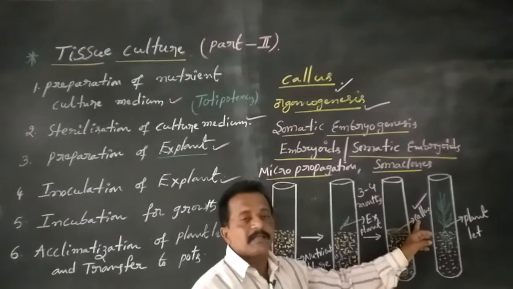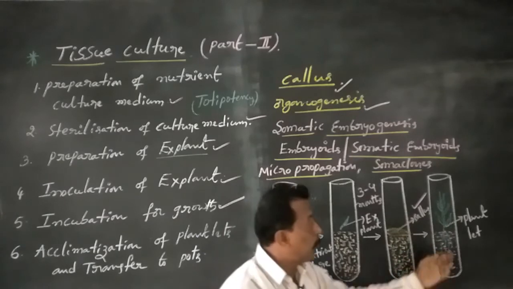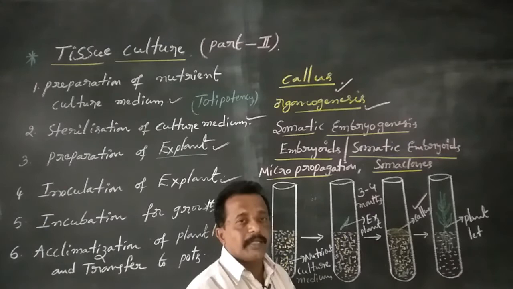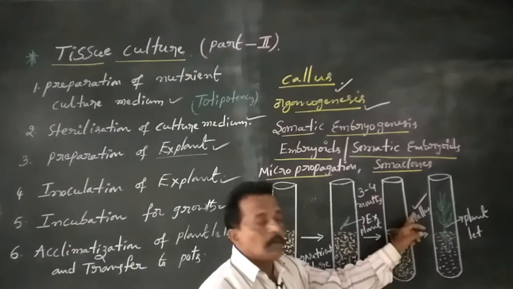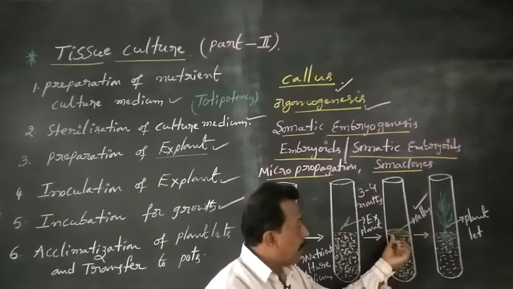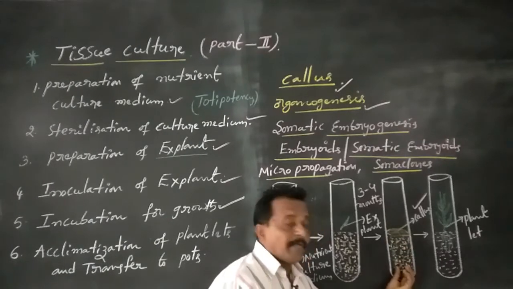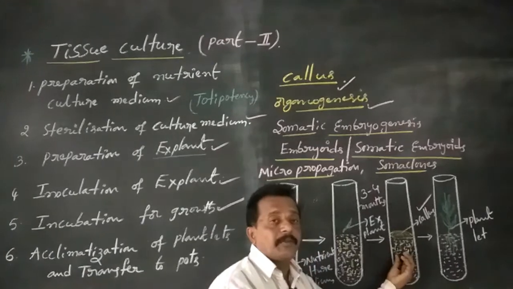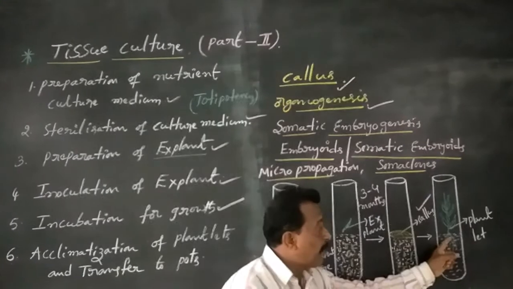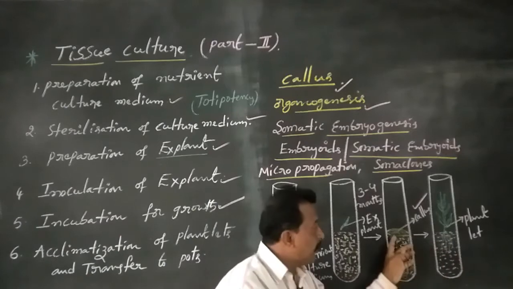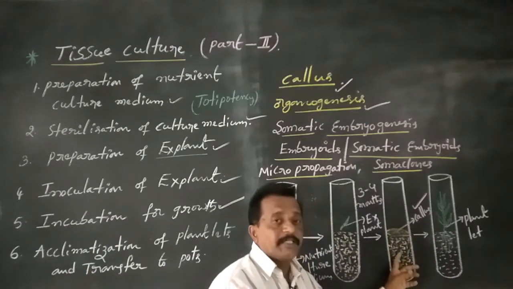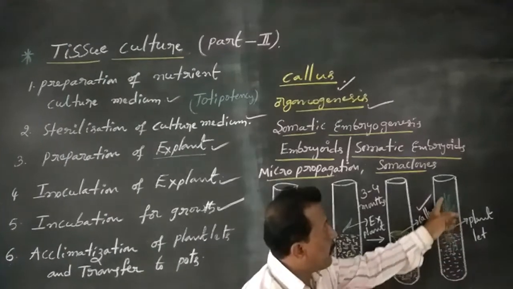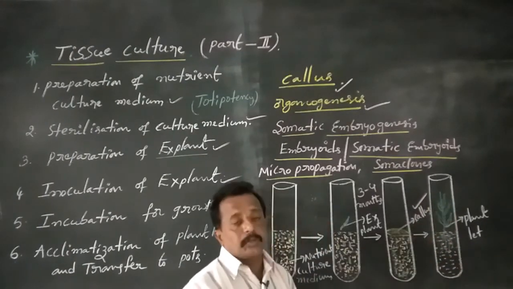Sometimes the callus directly develops a root system and shoot system, but generally the callus absorbs the nutrient culture medium with one growth regulator, auxin, first, forming roots, and then another growth regulator, cytokinin, forming shoots.